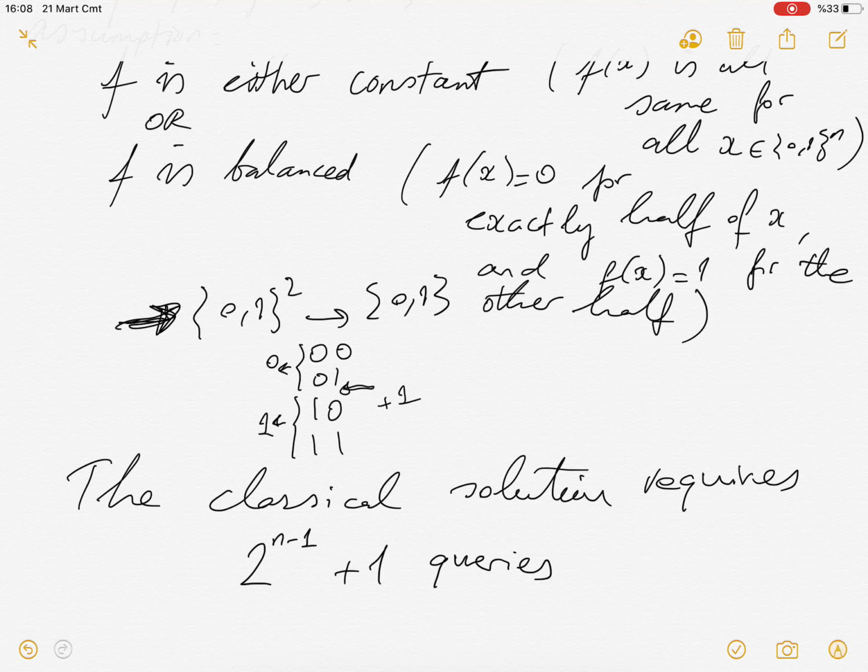If the next evaluation gives us 1, then we know for certain that the function is balanced. But if it's 0, then we know that the rest will be 0 as well, and the function is constant. So it requires this many queries to determine whether f is constant or balanced.